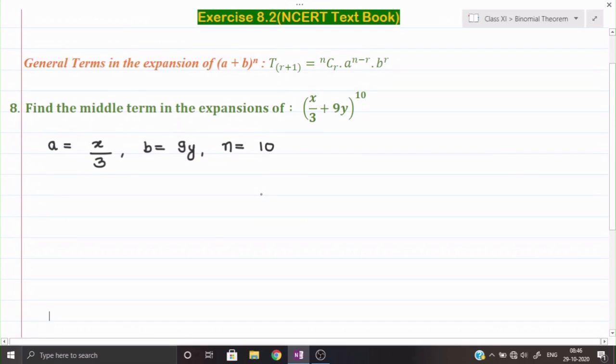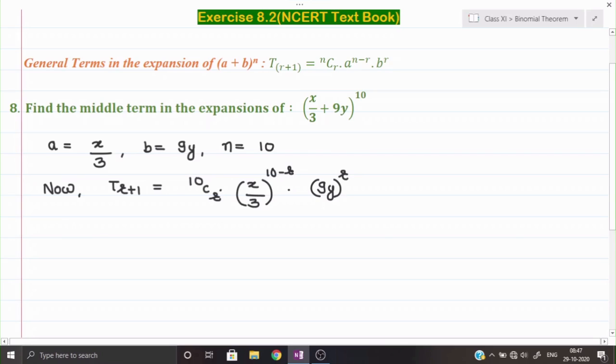First write down the value of T(r+1). So T(r+1) is equal to 10Cr into a to the power of n minus r, so it will be (x/3) to the power of n minus r, into b to the power of r, so (9y) to the power of r.